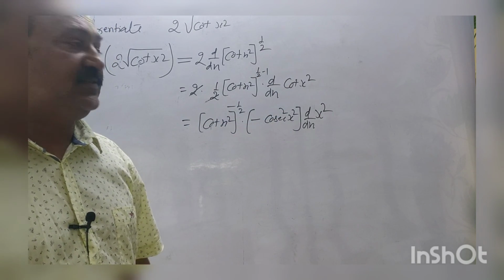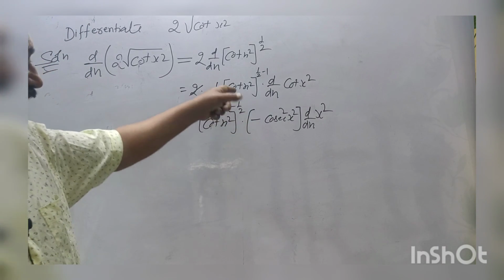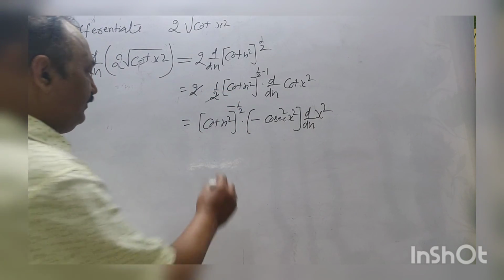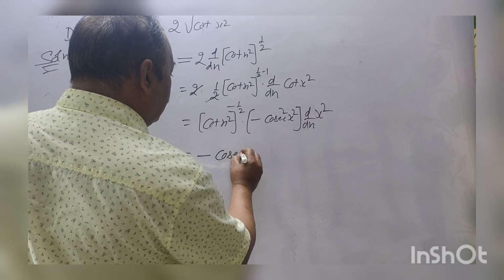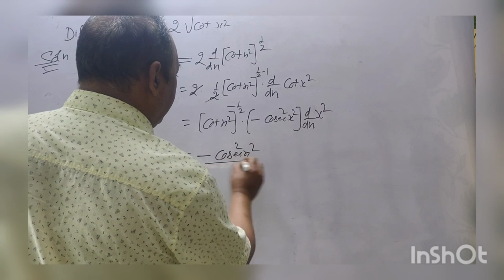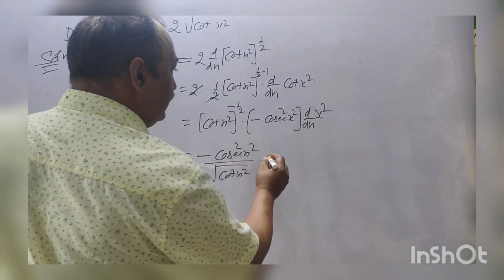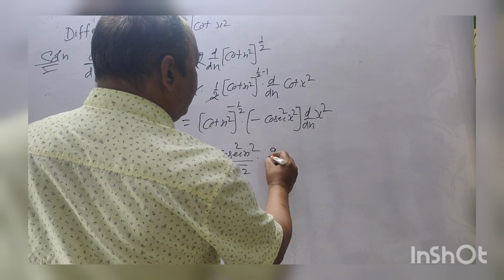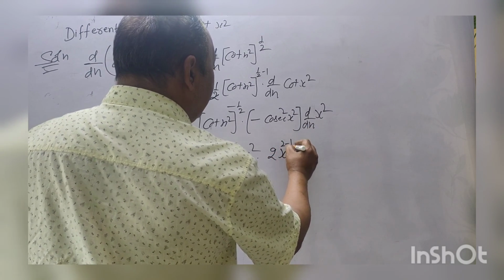Further derivative of f(x), and taking minus outside, the power at the denominator becomes positive: minus cosecant square x square upon under root of cot of x square, and further derivative of x square is 2 into x की power 2 minus 1.